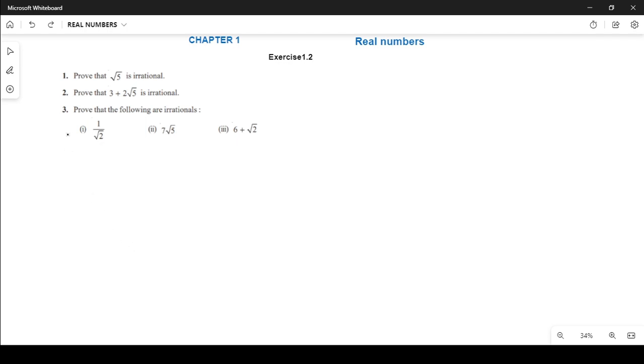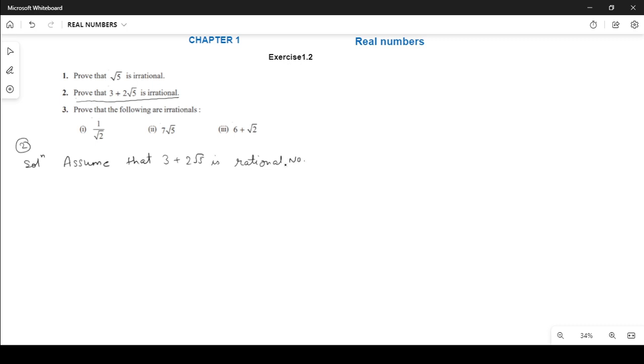Let us start question number 2. Prove that 3 plus 2 root 5 is irrational number. So again, we will assume that 3 plus 2 root 5 is rational number, right?